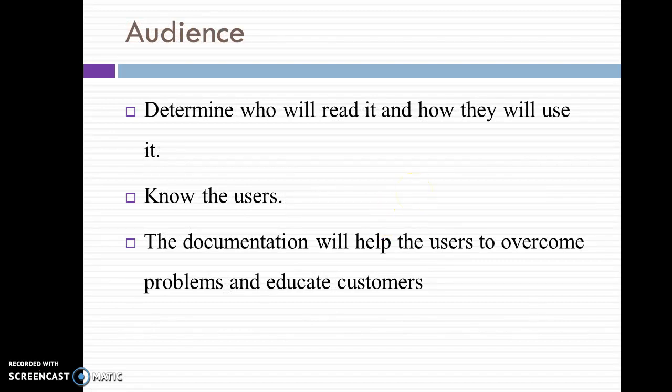For maintaining a document, you should know who your audience is, who is going to read it and who is going to use your product. You should know who the user of your product or document is. A document will help the user to overcome problems and educate the customers.